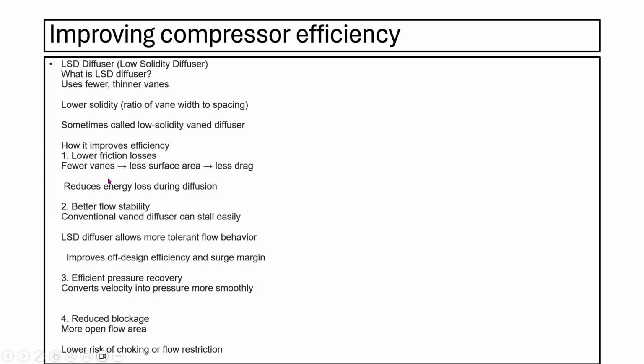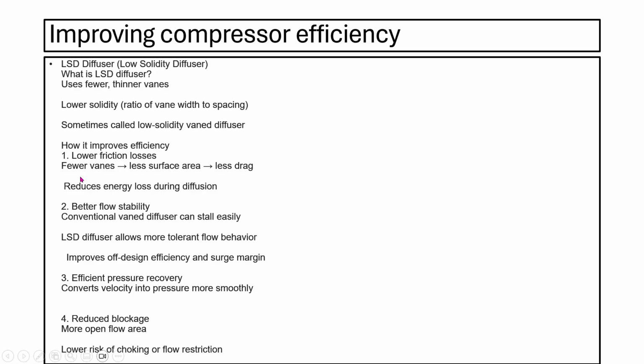When there are fewer vanes, there is less surface contact, so less friction loss, and there will be flow stability, and the compressor will not stall. The LSD diffuser allows more flow tolerance, flow separation will not be there, and the surge margin will also increase.